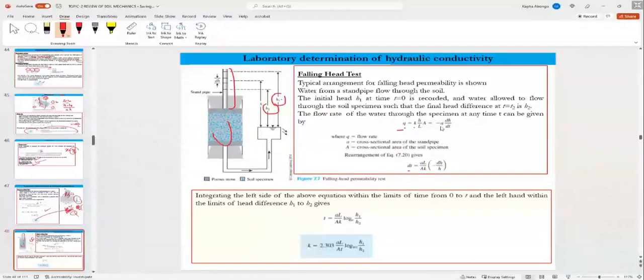So you integrate dH over dt from H1 to H2, with time from 0 to the time you reach H2. You need to know the area of the small standpipe and the area of the large column.